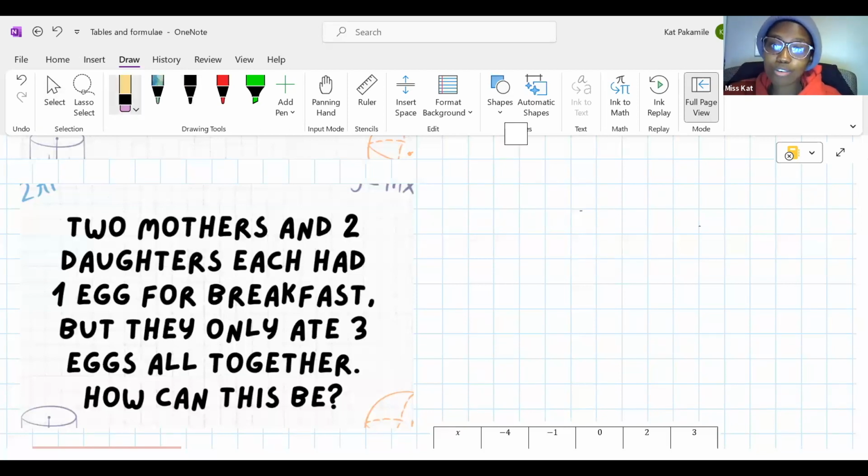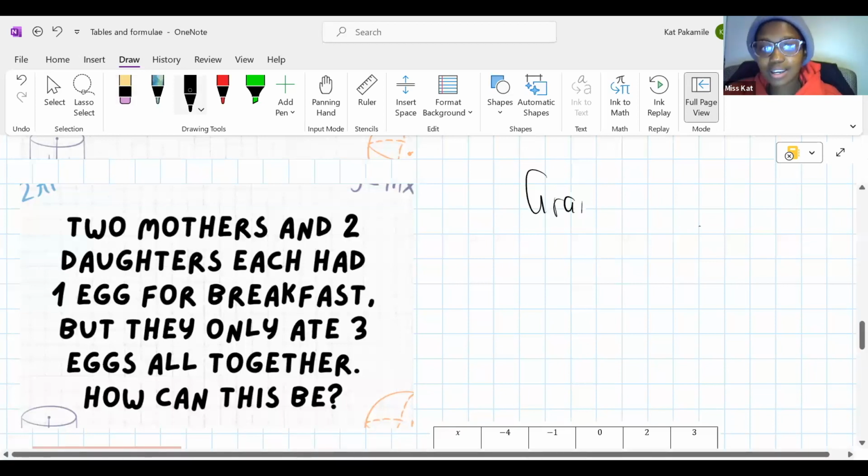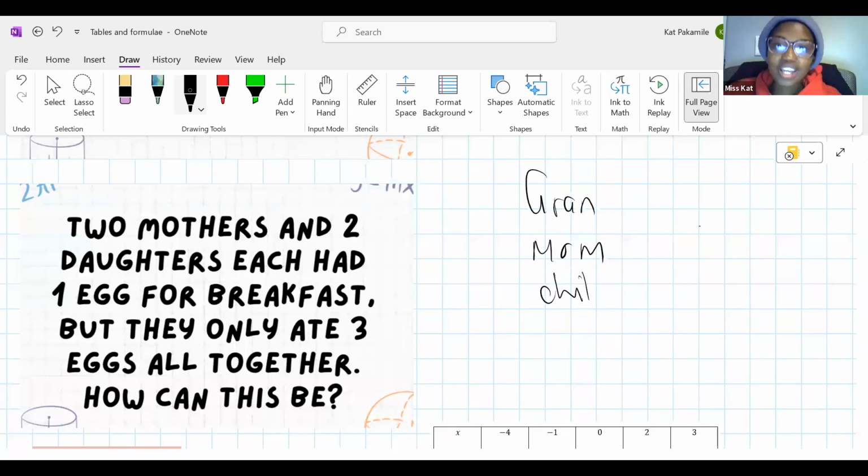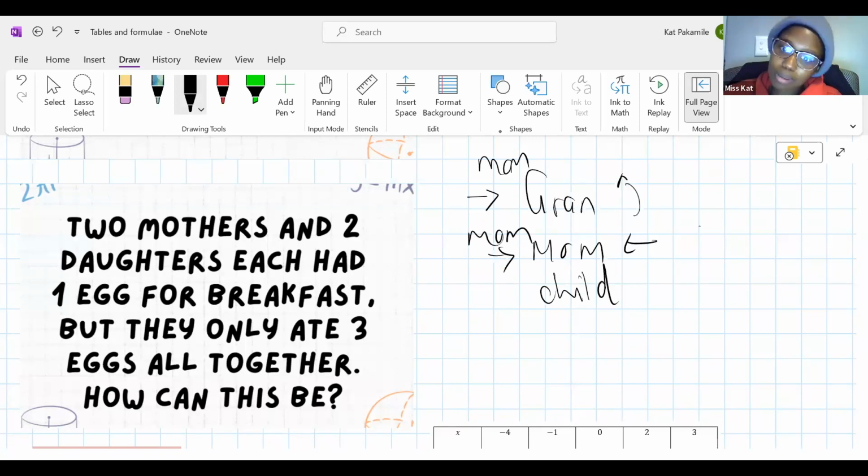So it's grandma and child. Okay, so it is 2 moms and 2 daughters. Because this one is a mom, but this one is also a mom, and this one is a daughter to this mom, but she's also a mom to this daughter, and this one is a daughter also to the mom.